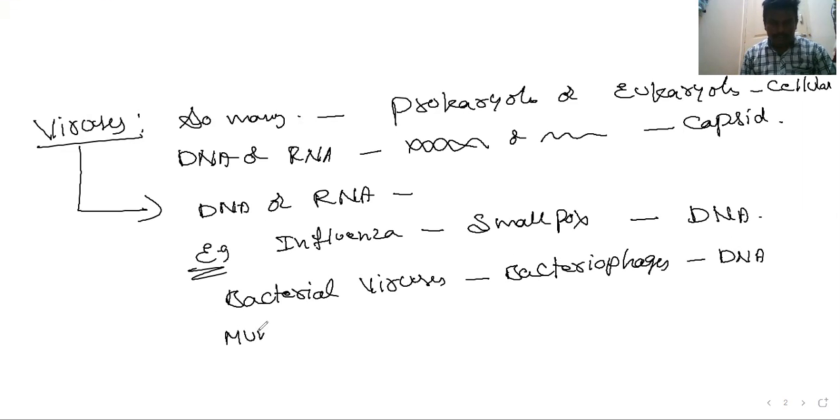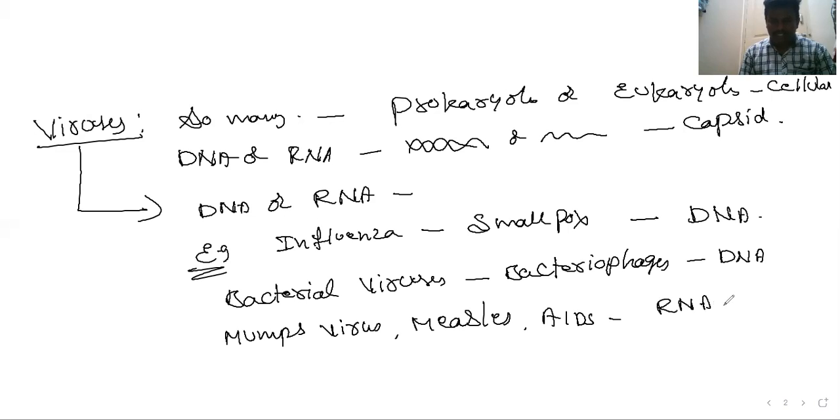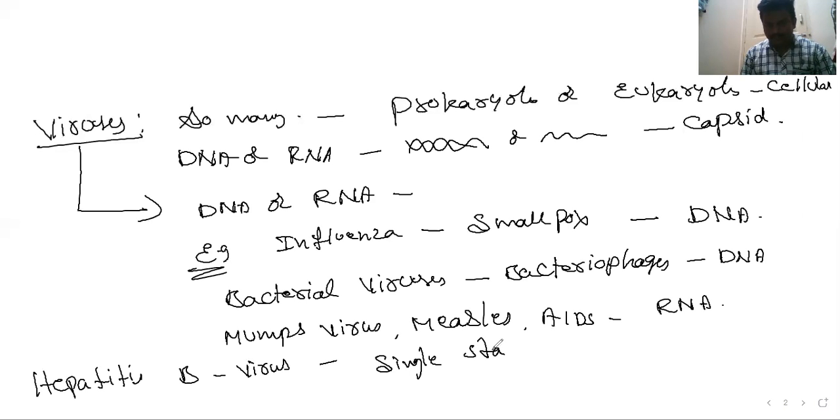Next, mumps virus, measles virus, and AIDS virus contain single-stranded RNA as a genetic material. Hepatitis B virus and most of the plant viruses contain single-stranded RNA. Okay, that's all.